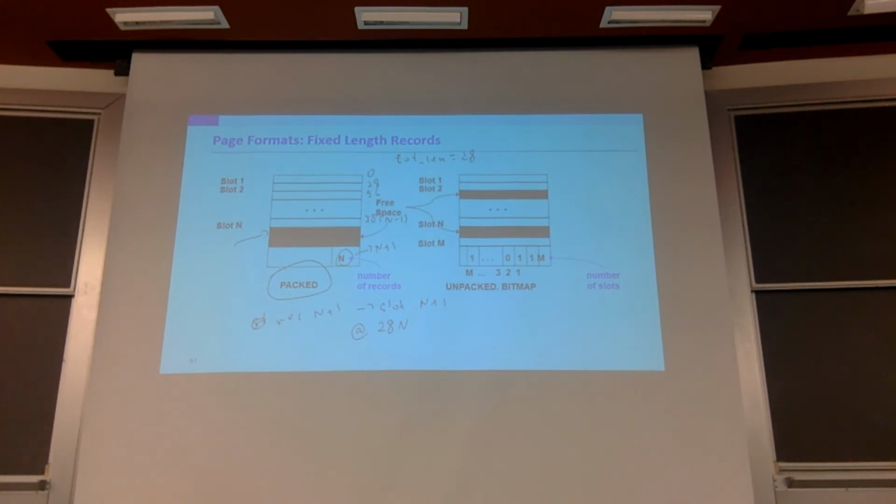Suppose you are going to delete slot I here, the record in slot I. What's going to happen? You're going to have a hole here, right? So basically, this slot will be empty. It will store nothing. Then you still need to update the number of records to n.